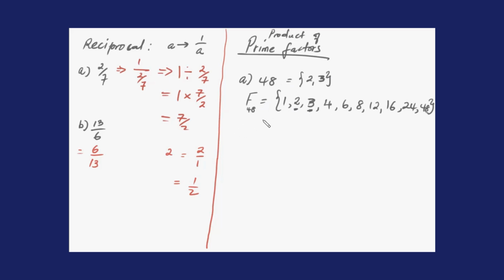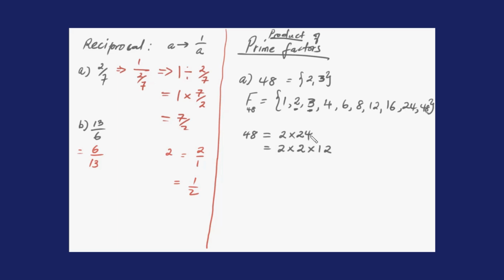But when we write 48 as a product of its prime factors, product means multiplication. So we are going to write 48 as a multiplication of its prime factors, 2 and 3. So let's see what we can do. 48 is equal to 2 times 24, which is equal to 2 times 2 times 12.